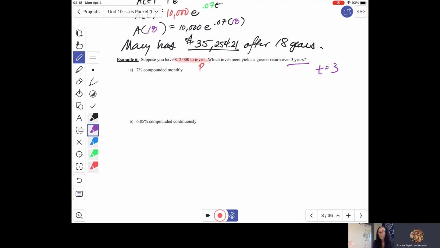Do I go with option A where my rate is 7% compounded monthly, meaning N is 12? Or do I invest my money at 6.85%, as a decimal 0.0685, but it is compounded continuously, which means I'm using my little Pert formula, right?